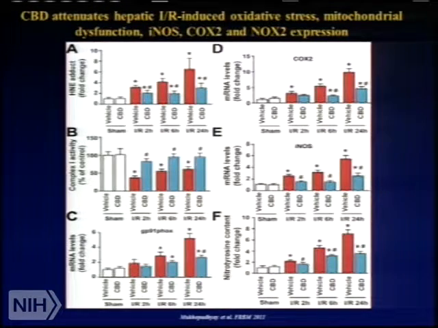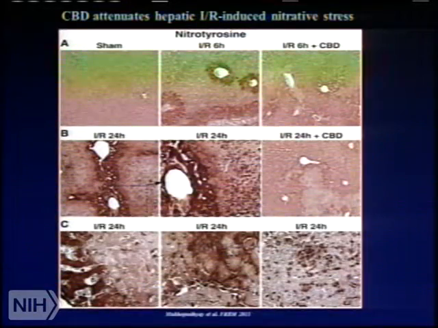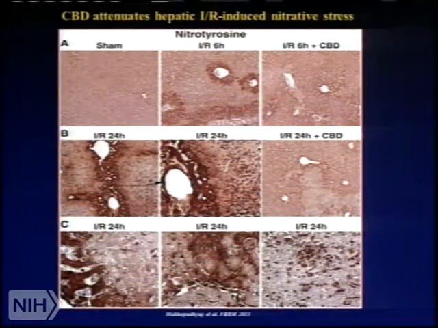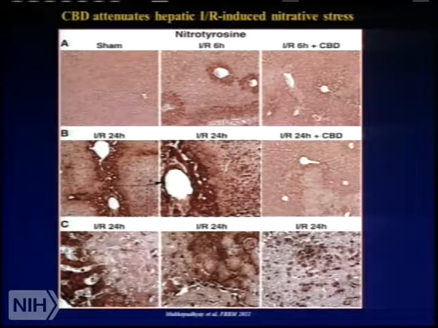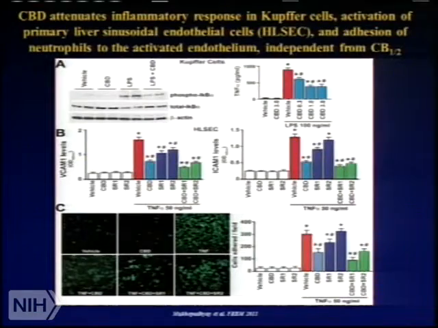And nitrotyrosine, as I mentioned, a marker of nitrative stress, also shows a marked time-dependent increase, and this is attenuated by cannabidiol. And this is nitrotyrosine. So you see in normal livers, no nitrotyrosine, and following ischemic reperfusion, there is a marked increase, and the higher magnification shows that it is in endothelial cells, hepatocytes, and infiltrating immune cells as well.